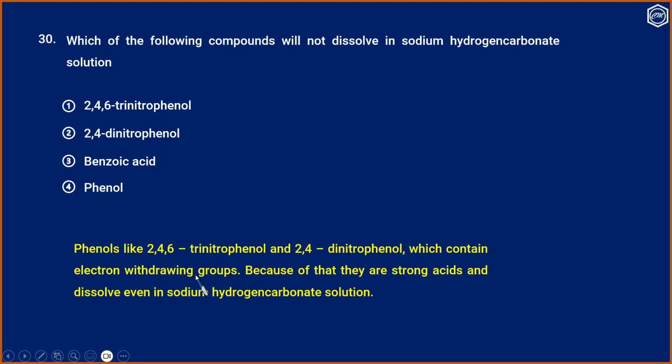Because of that, they are strong acids and dissolve even in sodium hydrogen carbonate solution. So the first two will dissolve in sodium bicarbonate, and benzoic acid also being an acid, dissolves in sodium bicarbonate or sodium hydrogen carbonate, and only phenol is insoluble. So the correct option is 4. That is the correct answer.